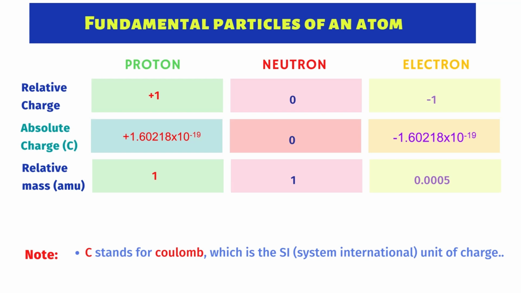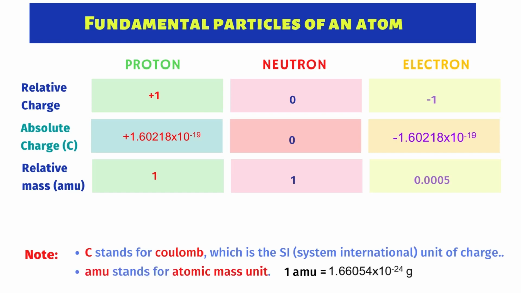Relative mass, in AMU, for a proton is 1, and for a neutron it is also 1, while for an electron, it is 0.0005. AMU stands for atomic mass unit. 1 AMU is equal to 1.66054 × 10 raised to power negative 24 gram.